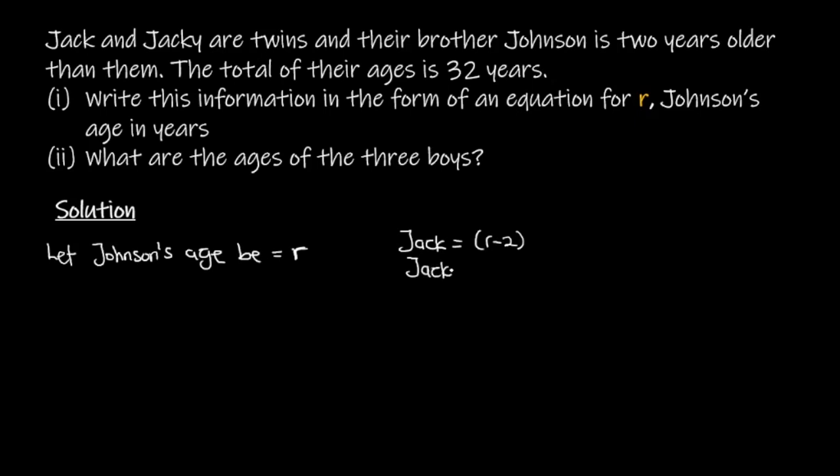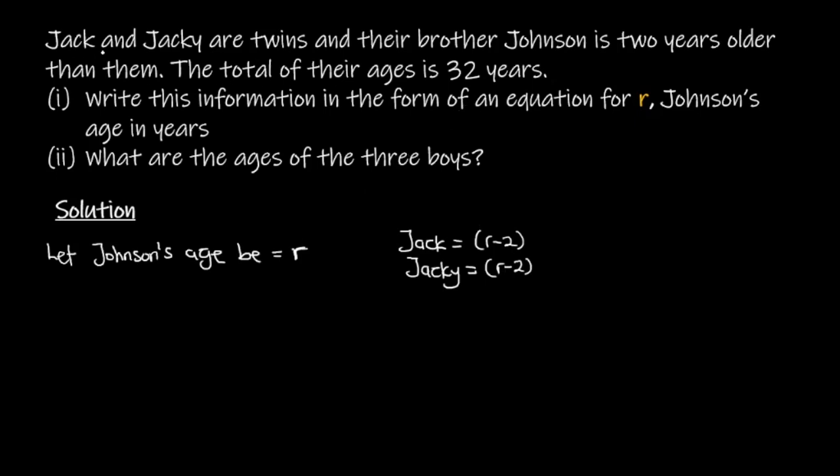Jackie will also be R minus 2 years old. So if we add this plus this, plus R, it should give us 32.